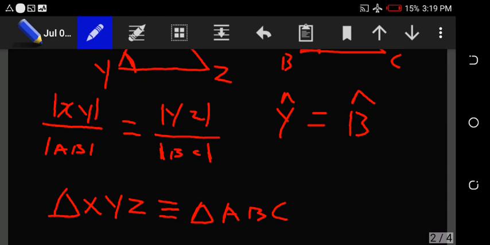Now the other one that we want to consider, let's consider the third example, which is the case of what we call angle side angle.